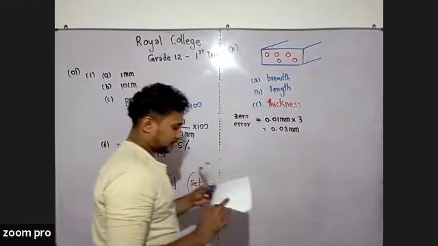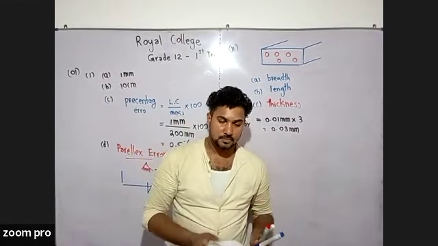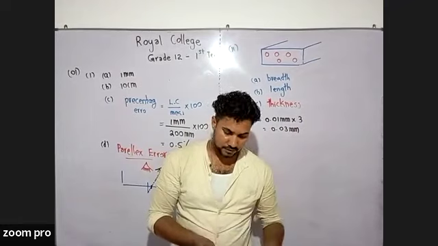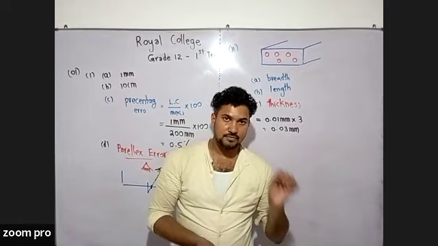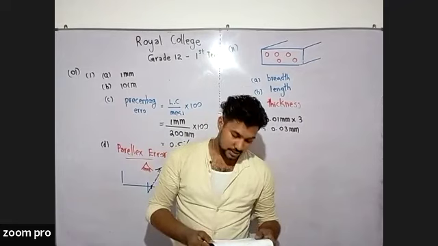Guys, there is some lack of data here, because the value for the pitch and the number of divisions in the circular scale should be given.